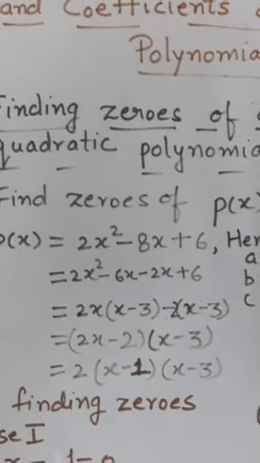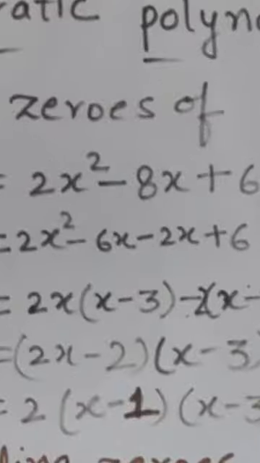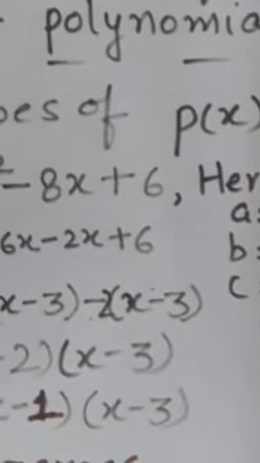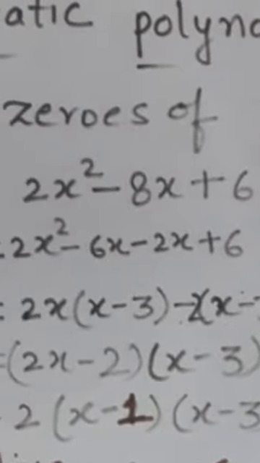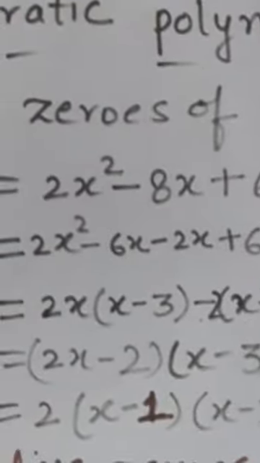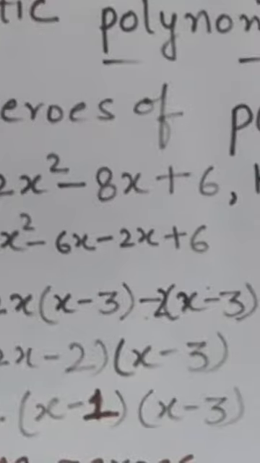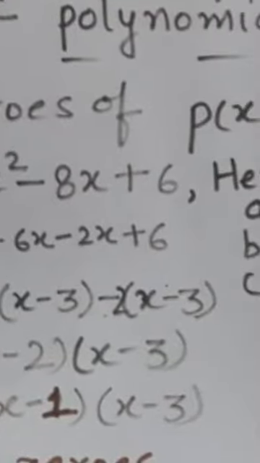Now see here, x − 3 is present here and also here. You can take it out as common. We take out x − 3 as common, so here it remains 2x, with a minus sign, and what remains from the other term is only 2.